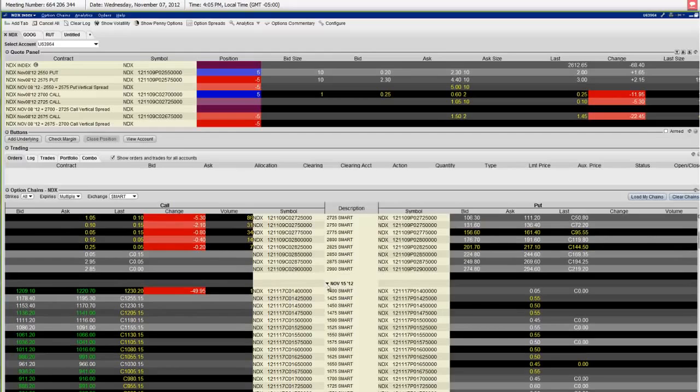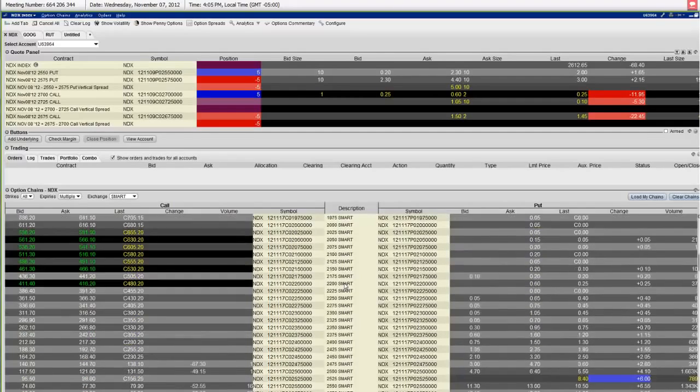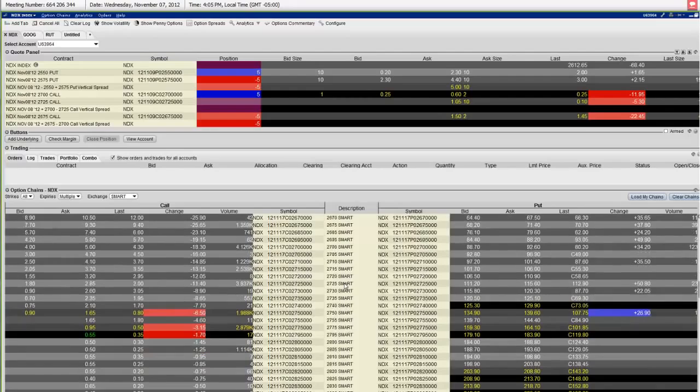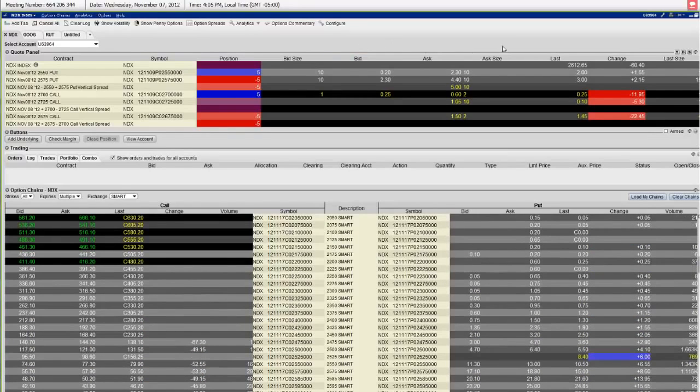But you see this right here, November 15th, that little number? Below there is all the options that are going to expire next Friday. So these are the most active ones. And it'd be nice to see it during market hours so you could see them actually moving up and down and changing prices. But that's how you get it.